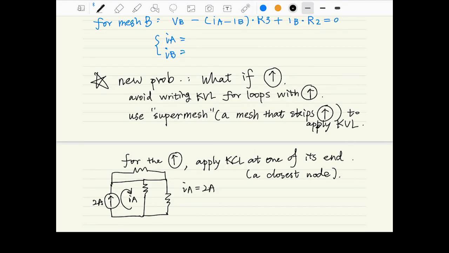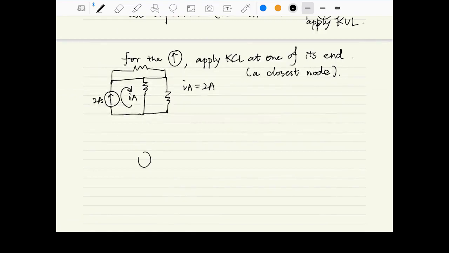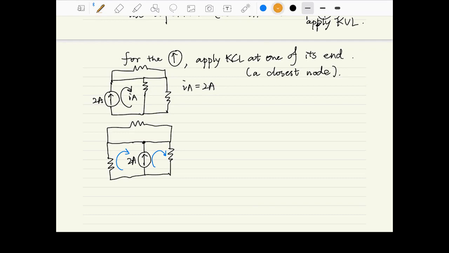And for the current source, apply KCL at one of its ends. Sometimes, and I wish it happened to you, the current source is not shared by many loops. It is only in one loop. In that way, you will instantly get the value for one mesh current. But usually life is not so easy.